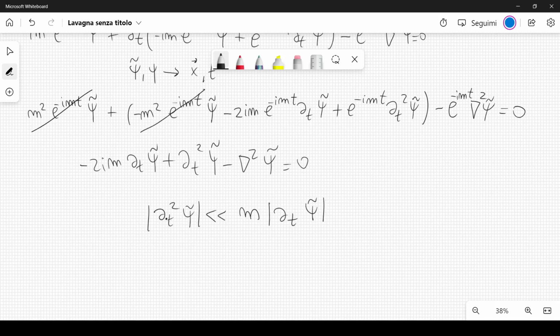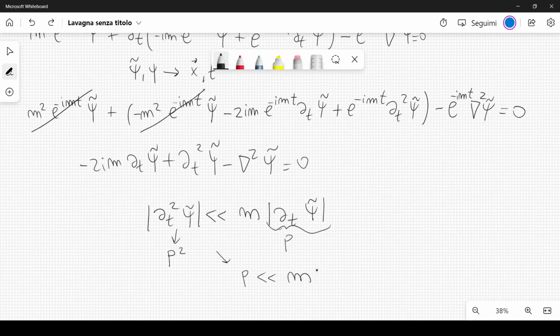A second derivative with respect to time of psi is going to give us something proportional to the classical energy squared, and the classical energy squared is proportional to momentum squared. This is the momentum squared of the particle, whereas this one here will be of the order of momentum p. So this means that p should be much smaller than m.